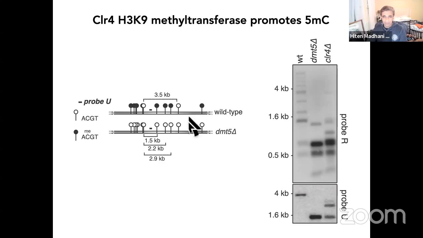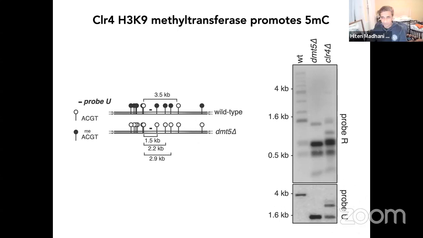And so we used a restriction enzyme that has CG in its recognition site, but where cutting is blocked by methylation of that CG. And so if you cut with that restriction enzyme in wild type cells and you probe with a particular unique probe at one of the chromosomes, what you get is a band that's 3.5 kilobases in size on a Southern blot, as shown over here to the right.